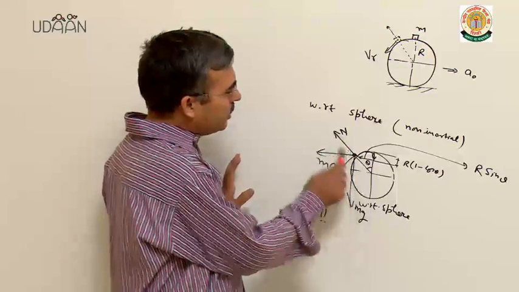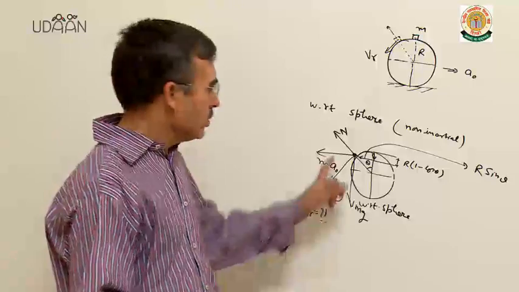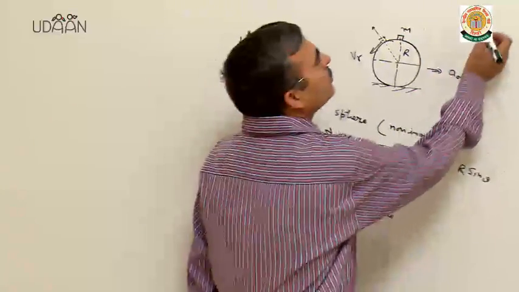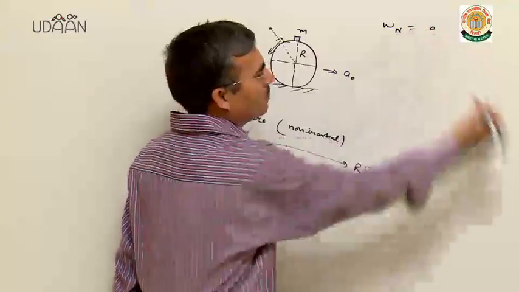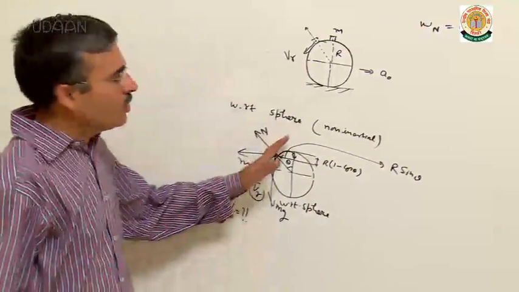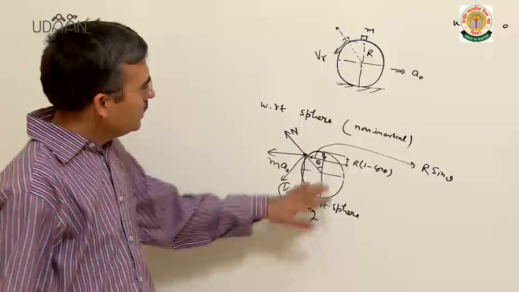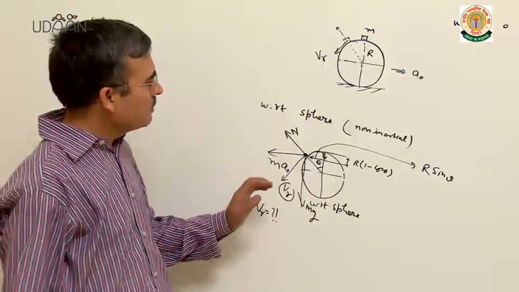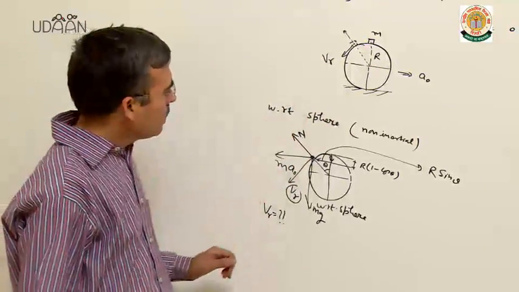So clearly normal reaction is always perpendicular to the velocity. So work done by normal reaction will be 0. It is always perpendicular to the motion of the body. Normal is along the radius, velocity along the tangent, so it is 0.